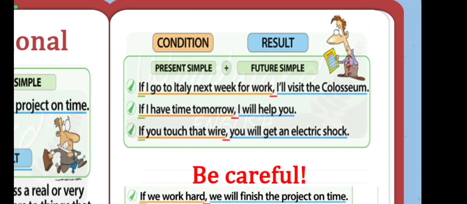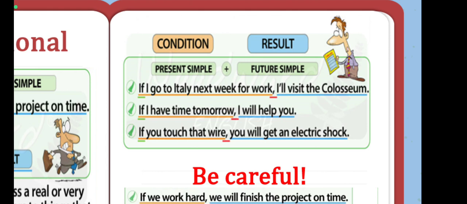Okay. Number 1. If I go to Italy next week for work, I'll visit the Colosseum. Okay, I think it is Coliseum. Let me show. Coliseum. Okay. If I have time tomorrow, I will help you.